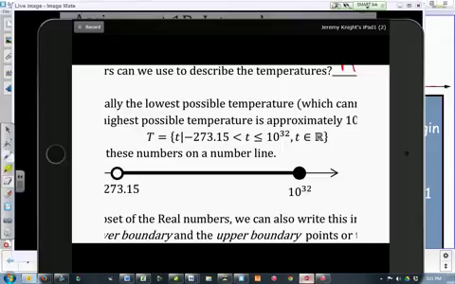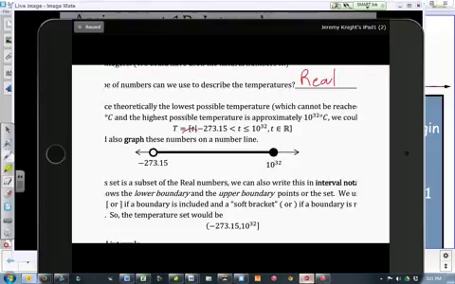So we say the temperature is all T's such that T is between negative 273.15, but we can't reach it because that's absolute 0, and 10 to the 32nd. Remember these line graphs from Algebra 1? Probably. So this inequality is an open dot. What does that mean?